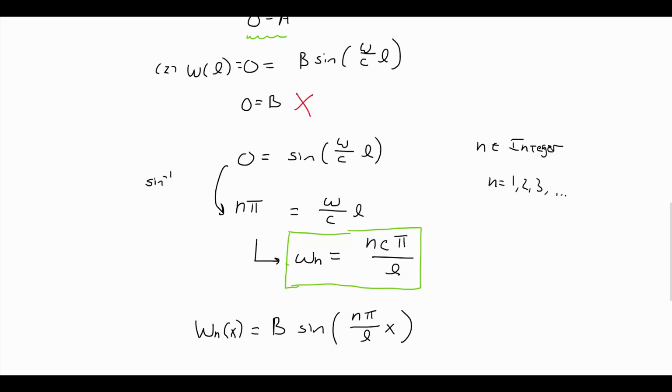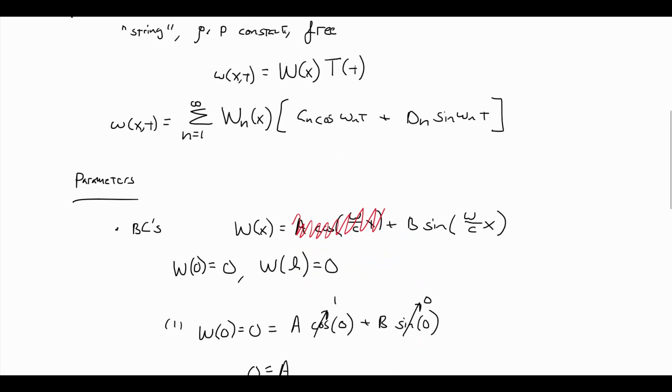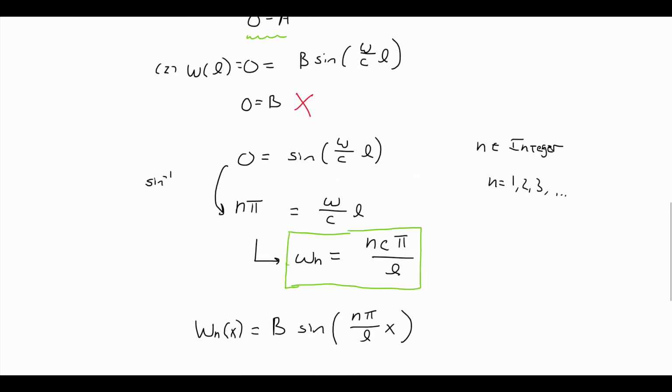I have a c in the numerator of omega n, but a c in the denominator inside the sine function, so that's why the c is going to go away. And here, these are my eigenfunctions. And I could also rewrite this as b sine of omega n over c times x. And either would be fine because the natural frequency has that c in it.